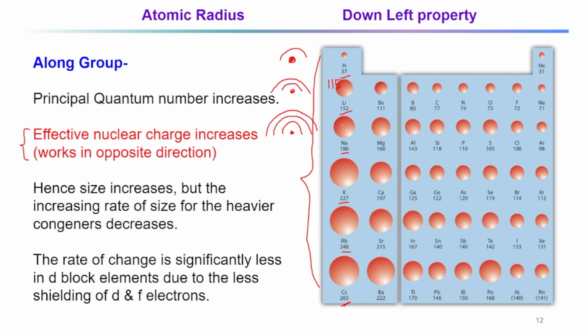Now in between lithium and sodium, that is 34, the change in picometer. I'm just telling you the change in the size. Now sodium to potassium, that will be here 14, here 27, means 41.